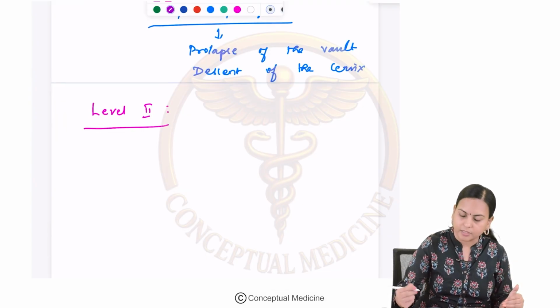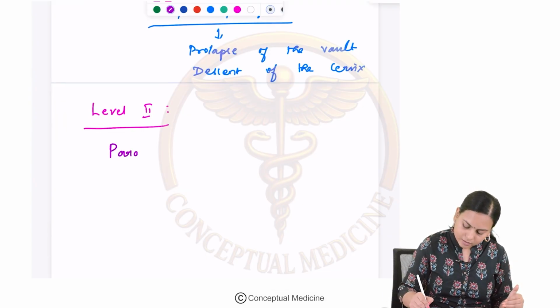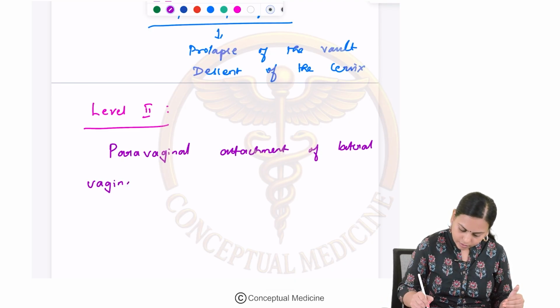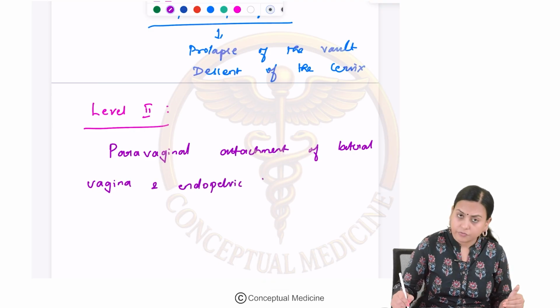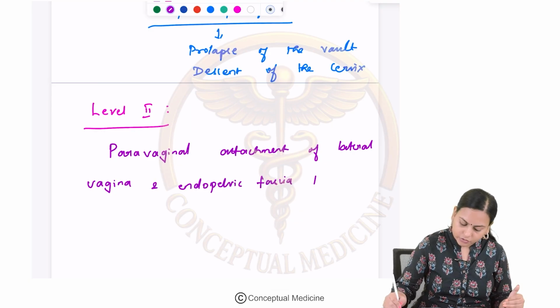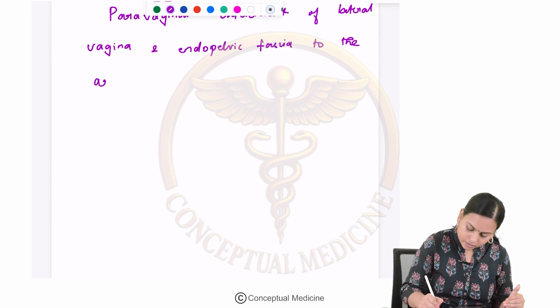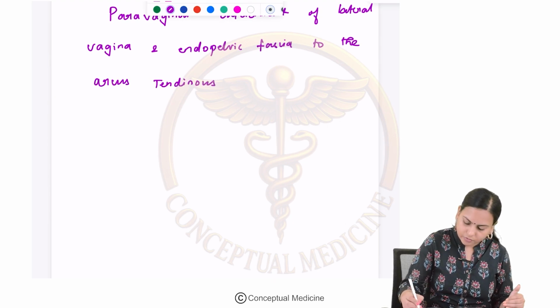Now, let's see level 2 of DeLancey support. It is the paravaginal attachment of the lateral vagina and endopelvic fascia to the arcus tendineus.